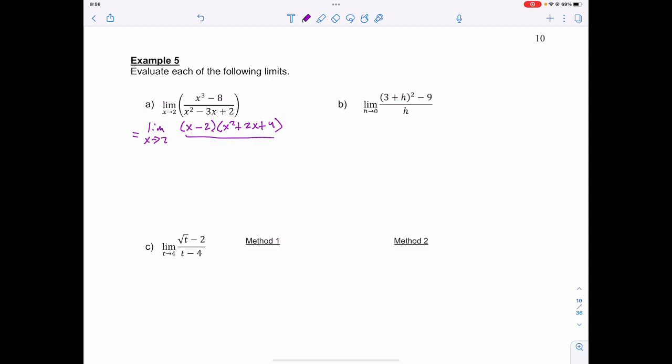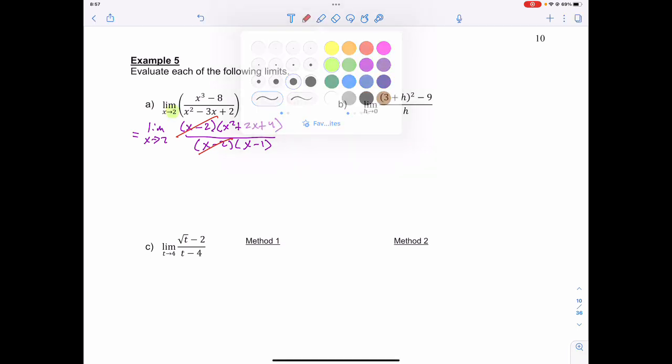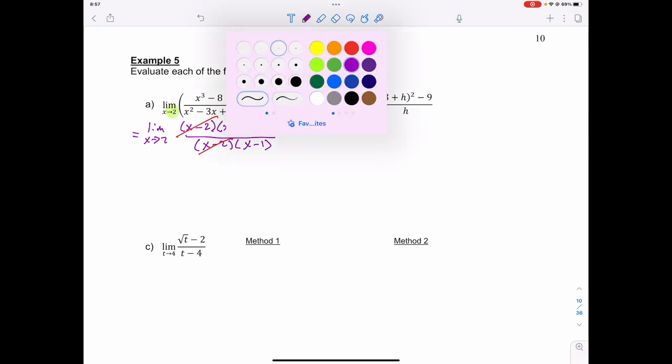In the denominator, I'm just going to use inspection. Two factors of 2 that add up to minus 3 are going to give me x minus 2 and x minus 1. And now we have a common factor that can be removed, that x minus 2. When I remove that, now I can substitute 2 into my limit.